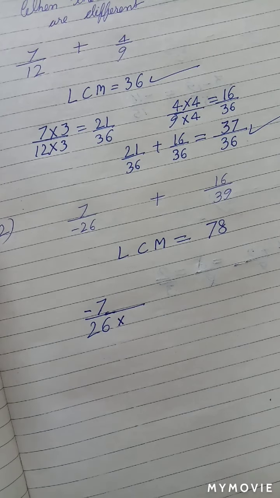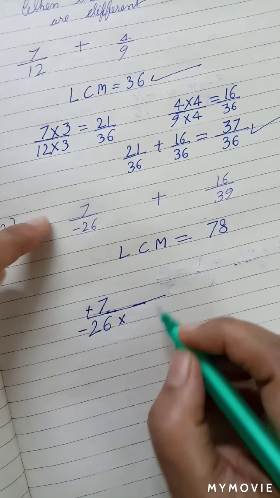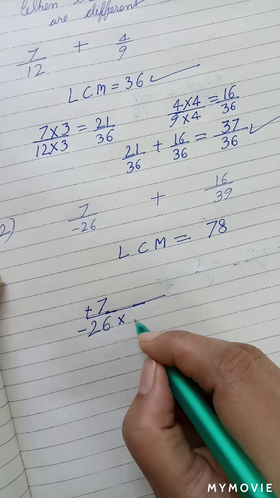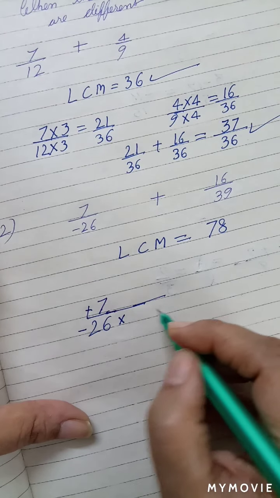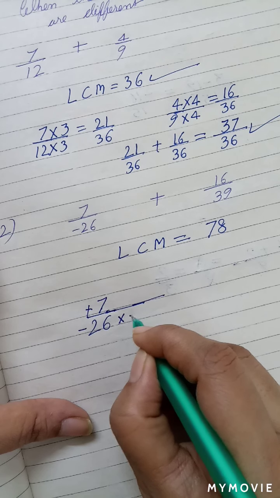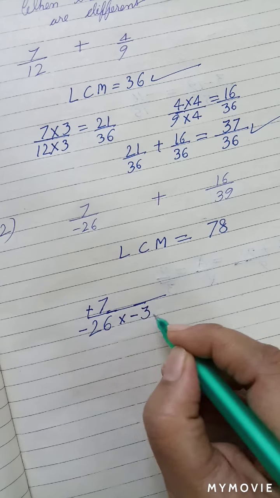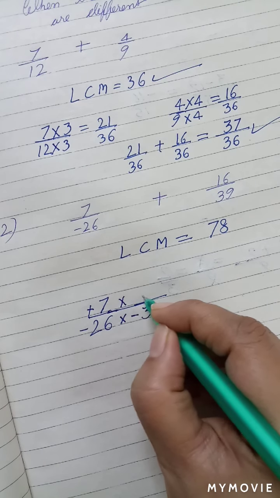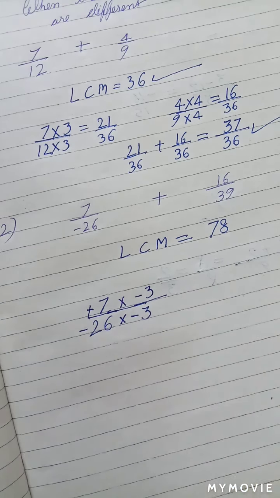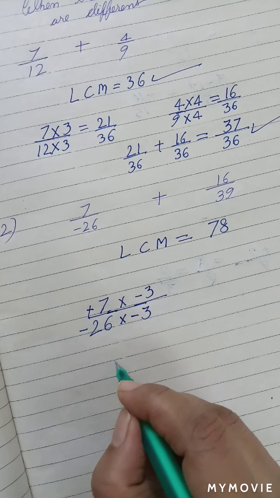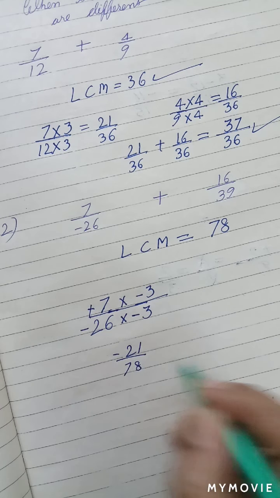And now we are going to multiply the denominator with a number to make it 78. So we will have to multiply it with minus 3, and we will multiply the numerator with minus 3. So the result is going to be minus 21 by 78.